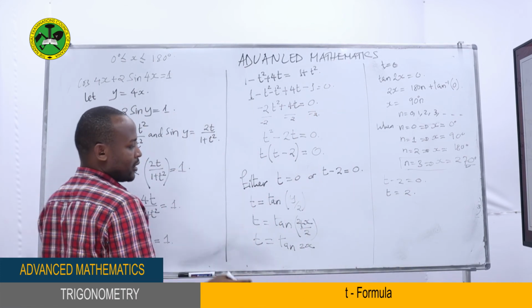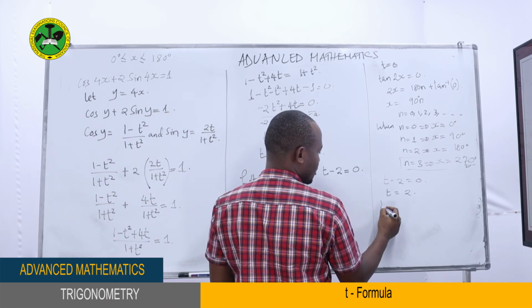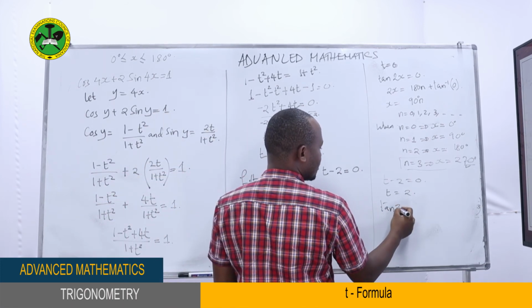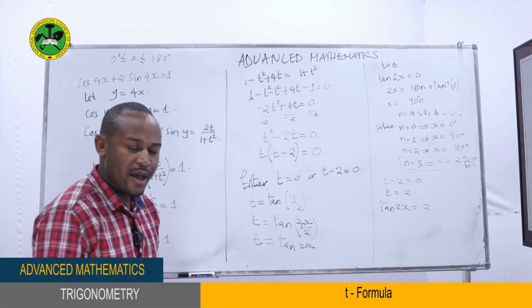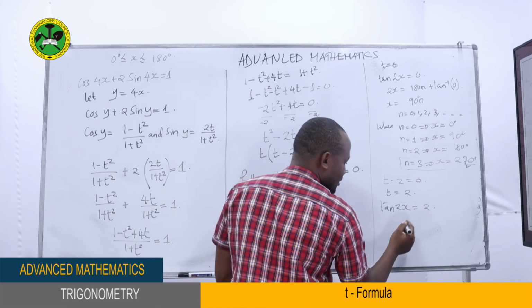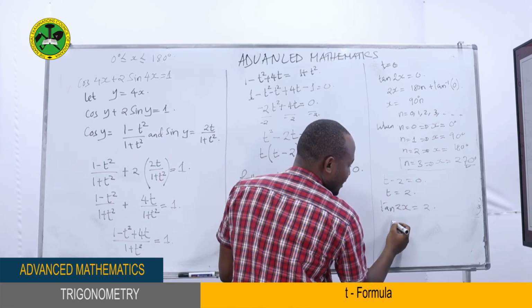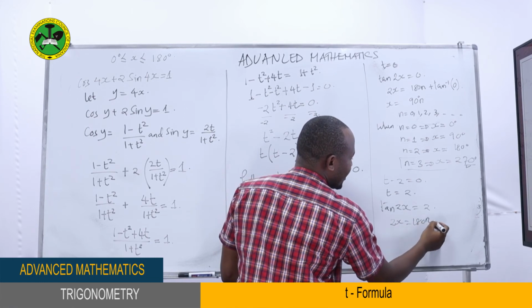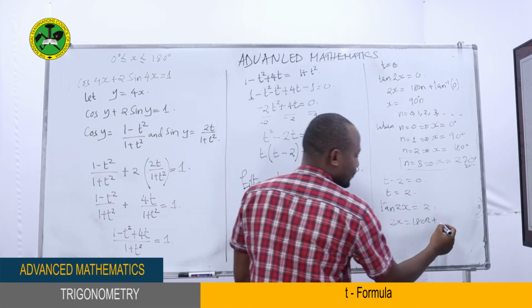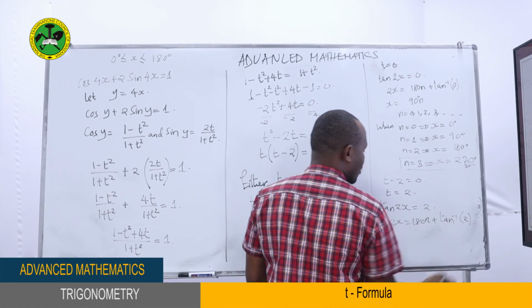Now we know that t is equal to tan of 2x. So it is tan 2x equals 2. And what next from there? Let's find the inverse of that. And remember, we are supposed to use the general form. So that will be 2x equals 180n plus tan inverse of 2.